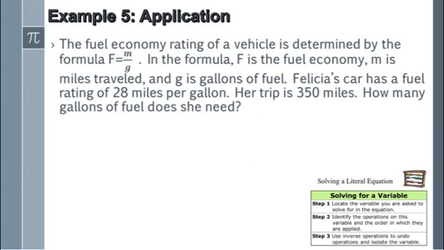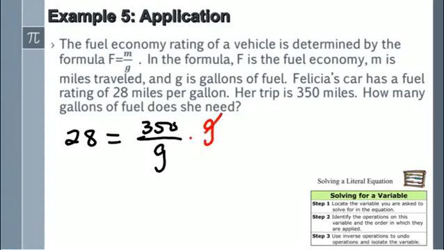So the fuel rating is 28 miles per gallon, so I'm going to put that in for the F. The miles is 350. We want to find out the gallons. In order to solve this one, I need to get g by itself, but I don't want the g in the denominator. So I'm going to multiply by g on this side.